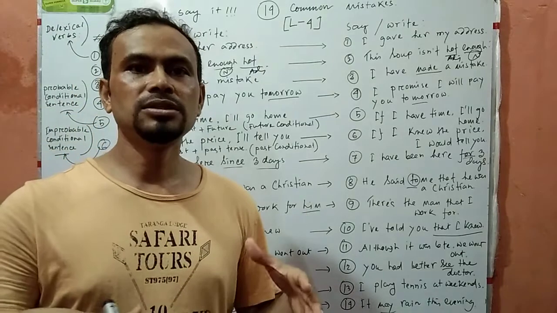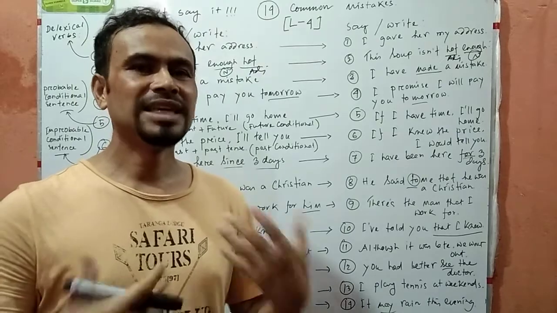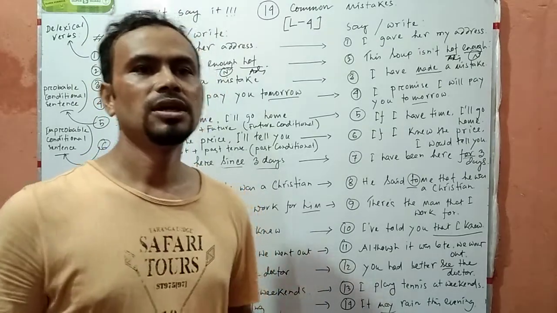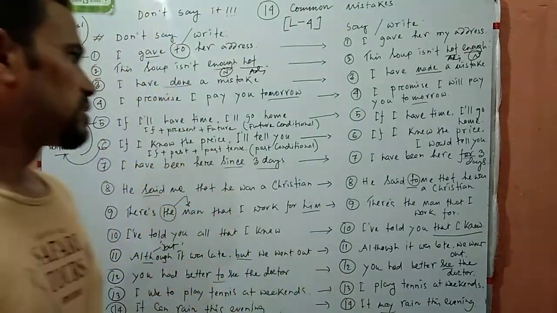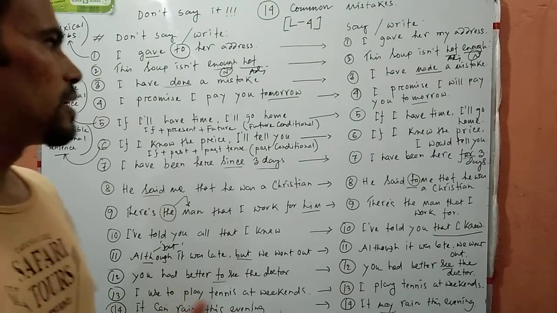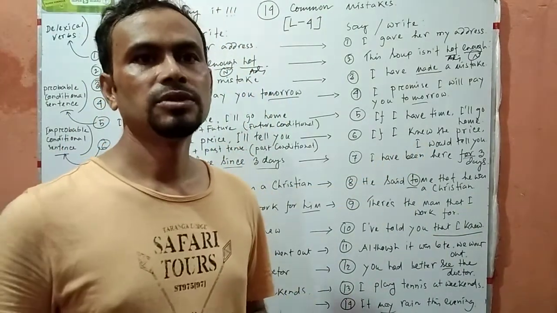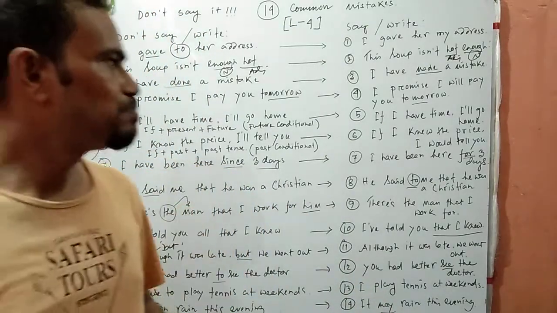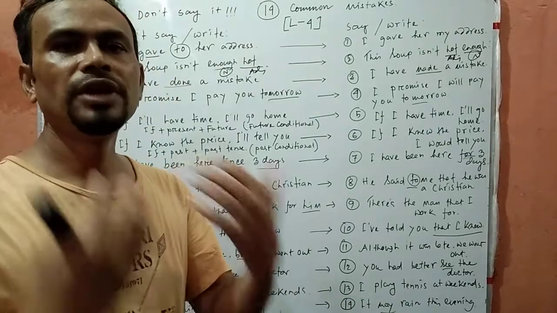I have been working here in this factory since 2013. So 2013 is a starting time. Okay, and I would like to say about for, is the length of time. For example, I have been working in this factory for 15 years.